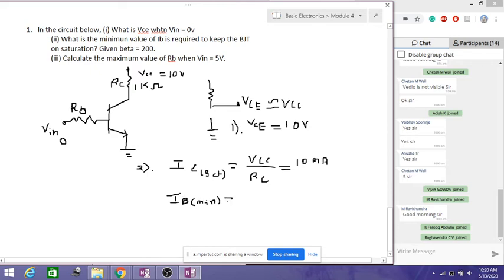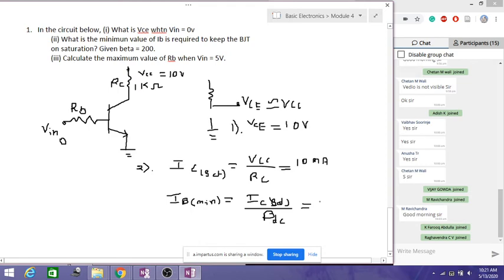Then IB minimum is equal to IC saturation by beta DC. We have seen this in the introduction when we talked about the current amplification factor beta is equal to IC by IB. So we will use the same equation and rewrite in this fashion, that is IC by beta.